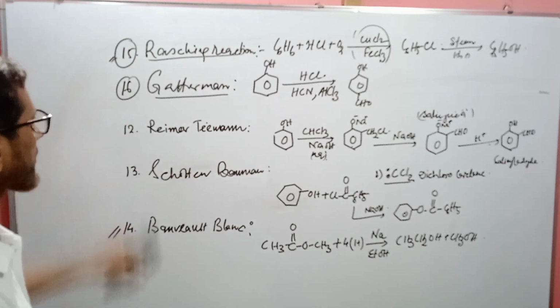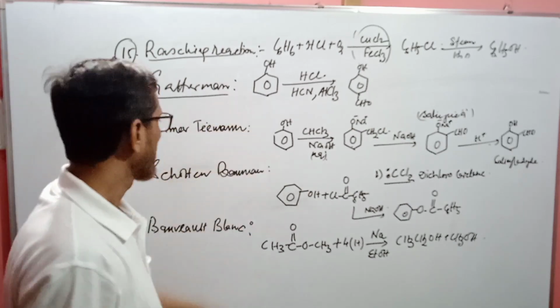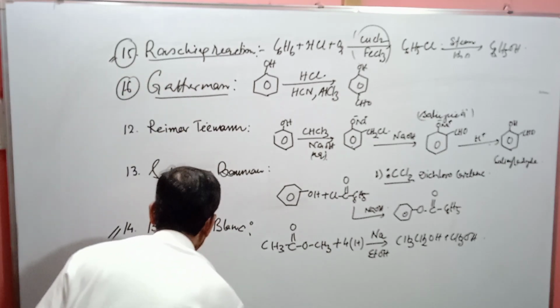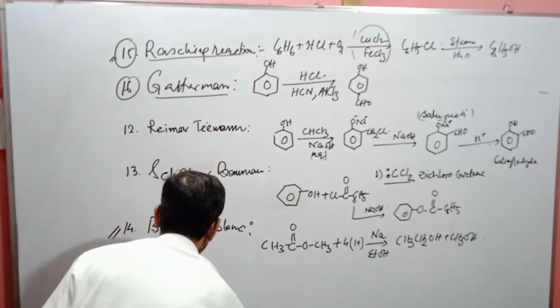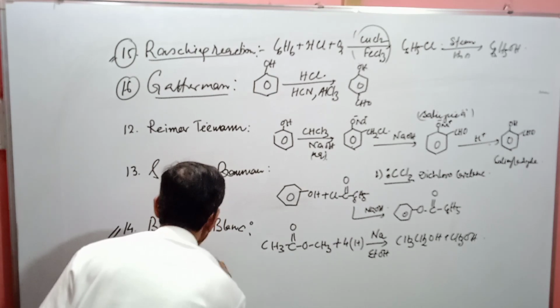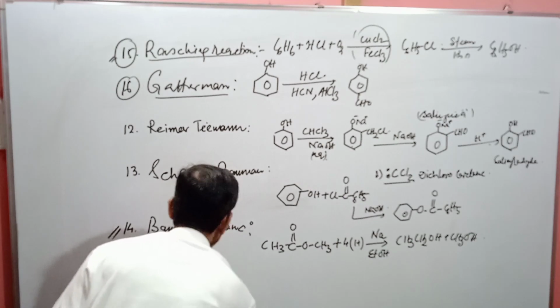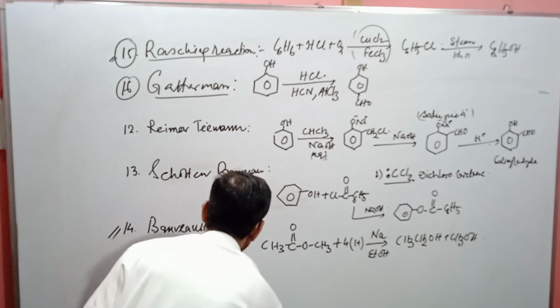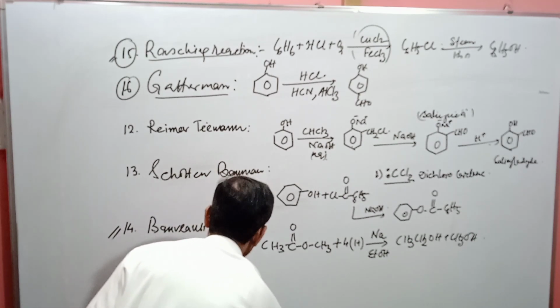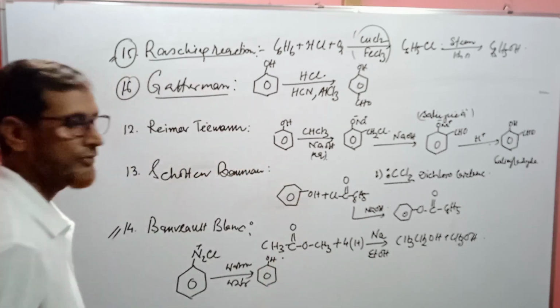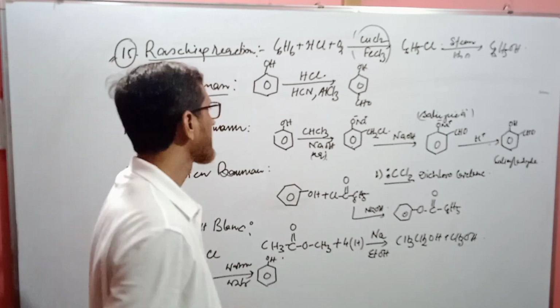So these are some name reactions which are very often used in benzene, and another is not a name reaction, but you know it very well. It is benzene diazonium chloride. Benzene diazonium chloride with warm water gives you phenol. It is a preparation, not a reaction of phenol.